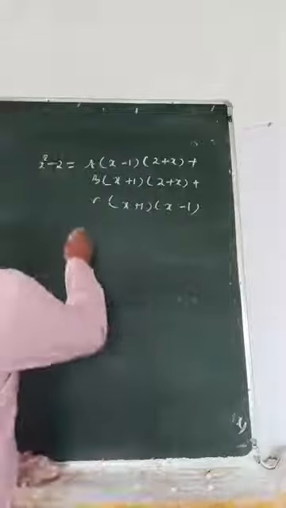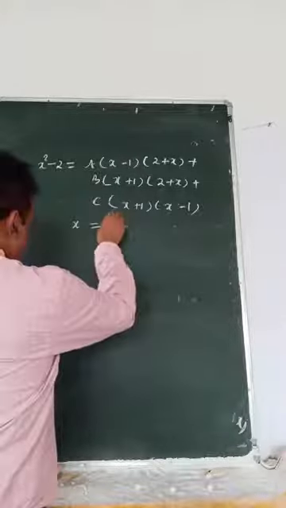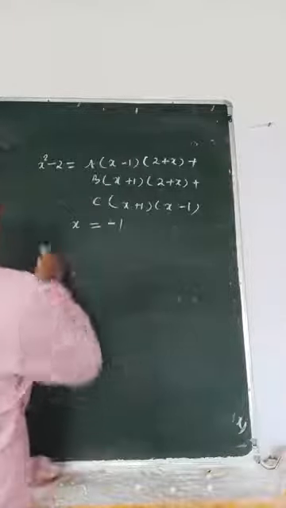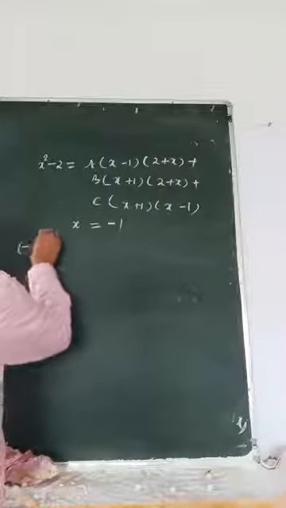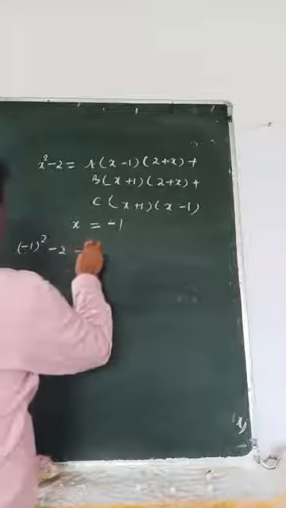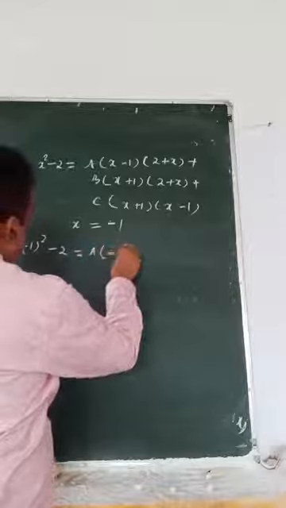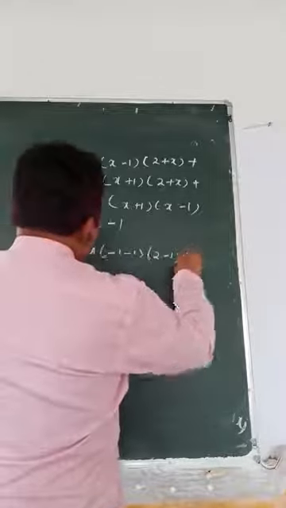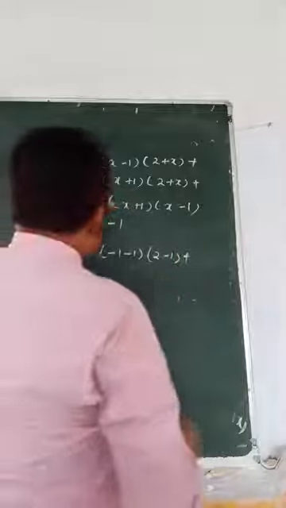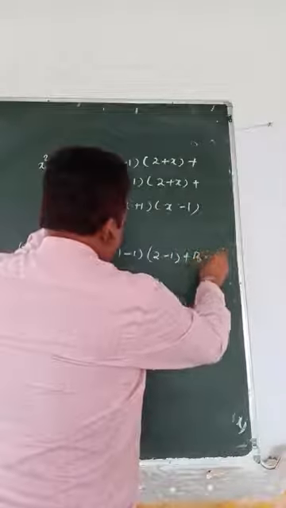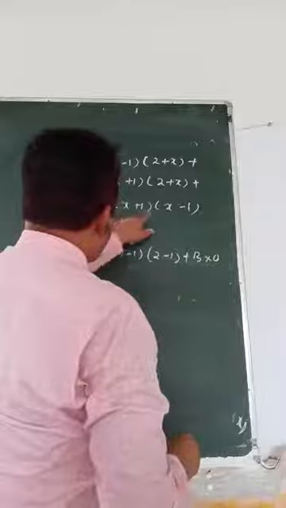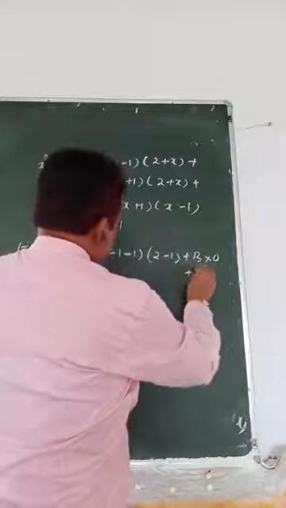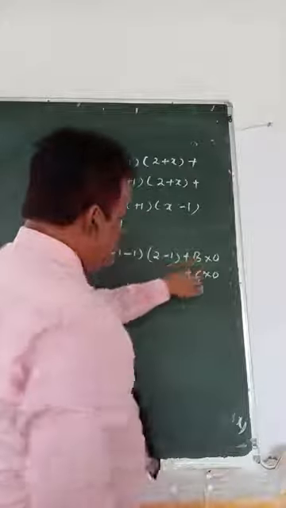Now put x equals to minus 1. Then (-1)² - 2 equals A into (-1 - 1)(2 - 1) plus B into 0, and C is also 0. So B and C vanished.